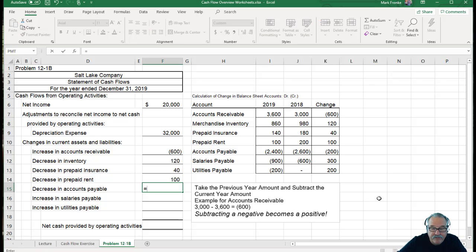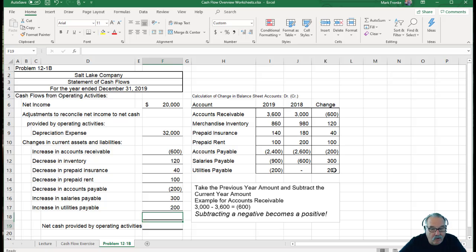Of course, that has a negative effect on cash flows. So that's a negative $200. We've already done all the calculations over here in our schedule on the right. So now we're just plugging these in. Increase in salaries payable has a positive effect on cash flows. It's a liability that went up. And same thing with utilities payable. It's a liability that went up.